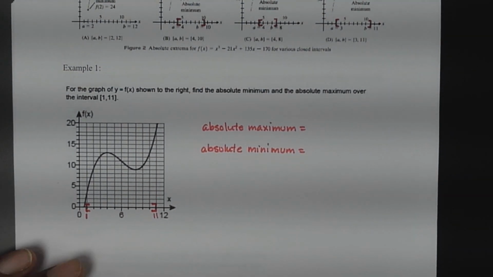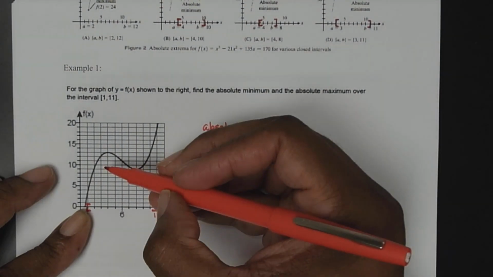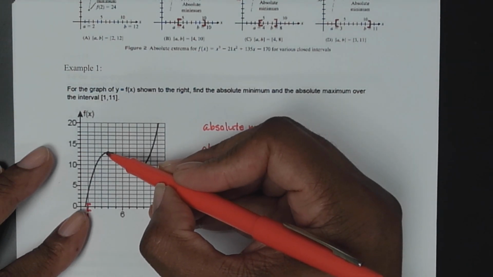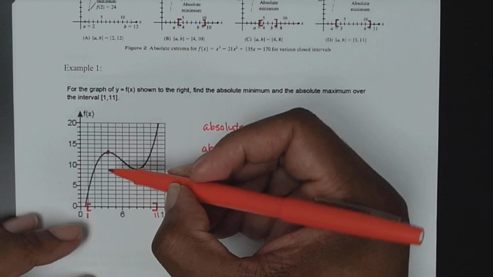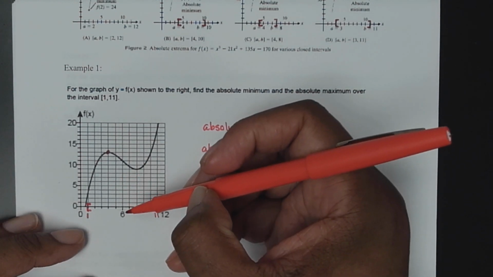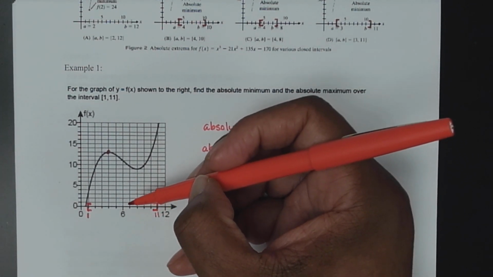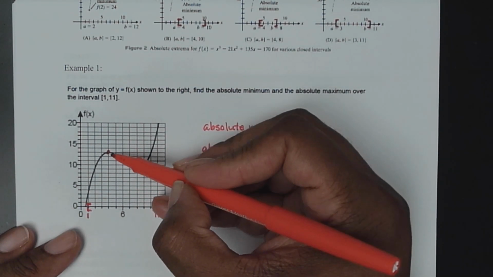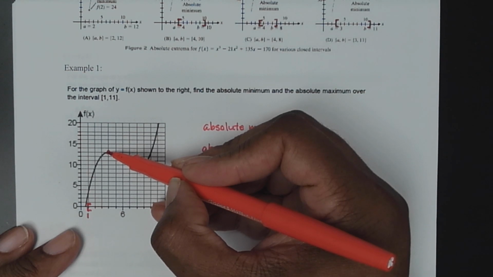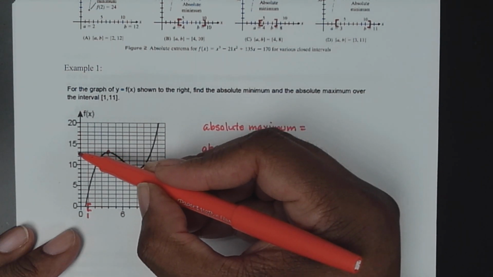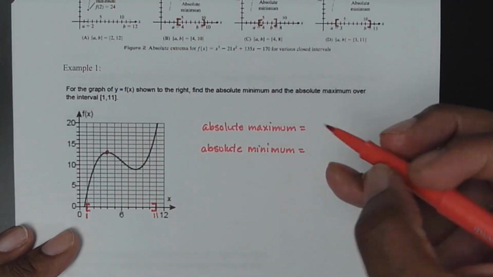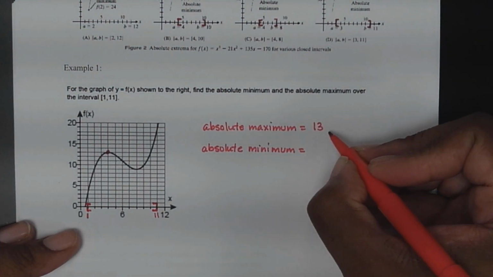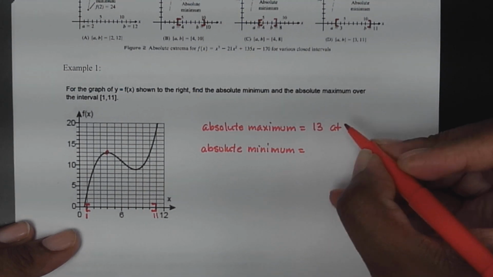Starting with the absolute maximum. Within this interval, where's the highest y value? It's going to be right here, and it's going to be 13. So the absolute maximum is 13, and it occurs at what x value?